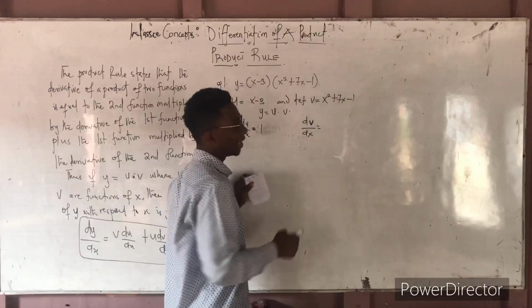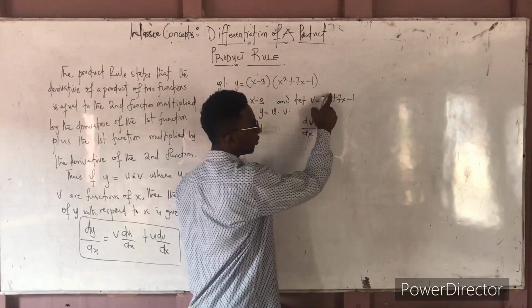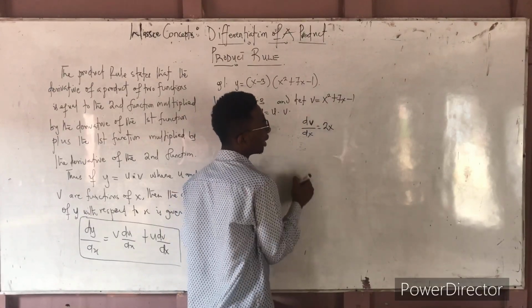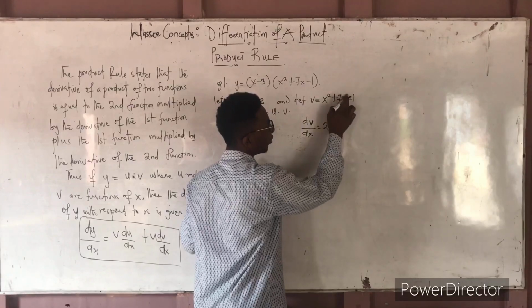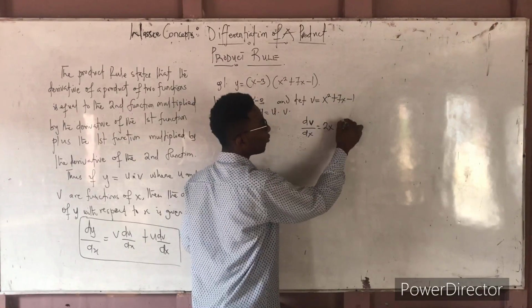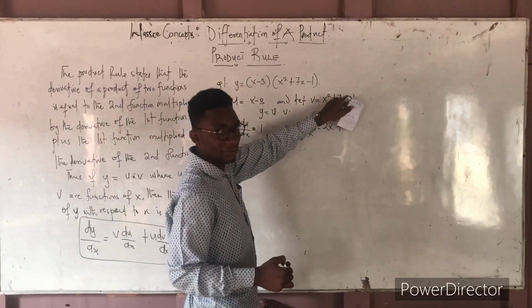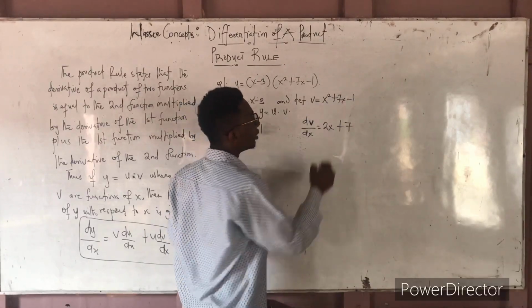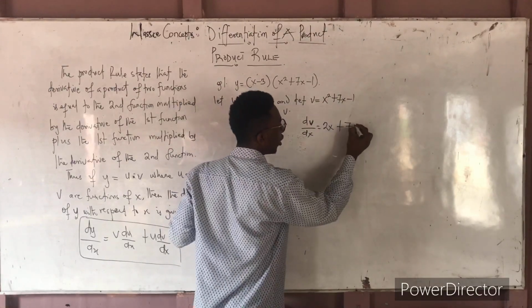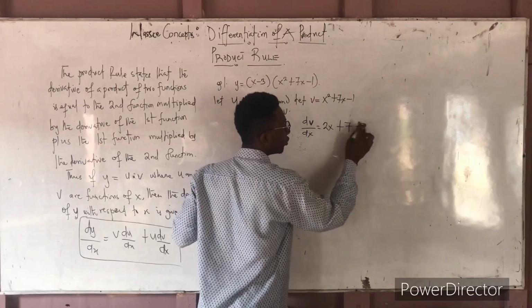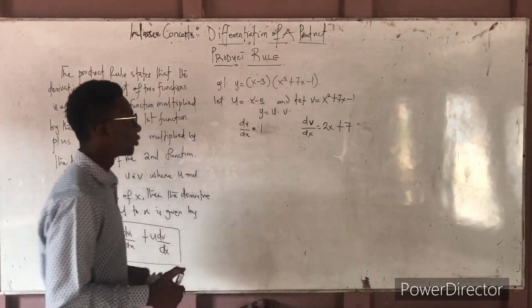When you find dv/dx, you get 2x plus 7, because differentiating x gives 1 times 7, and differentiating a constant is 0. So this is what you get.